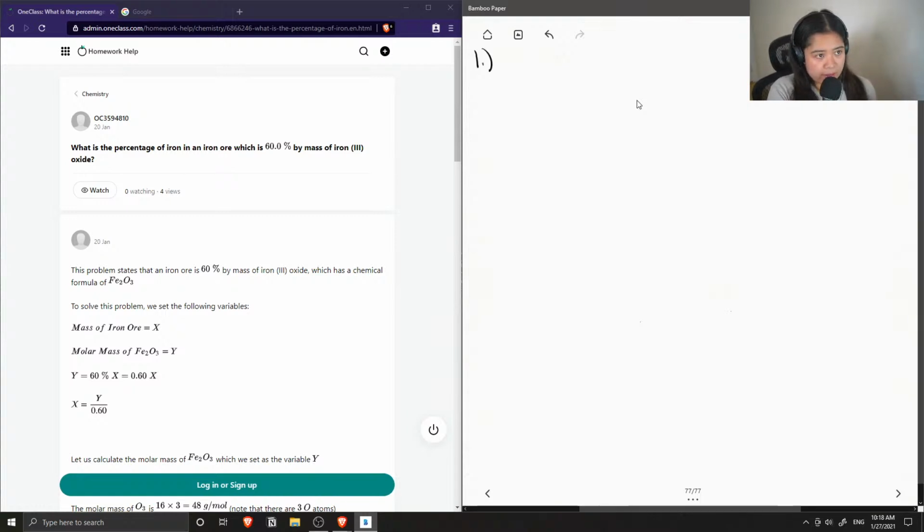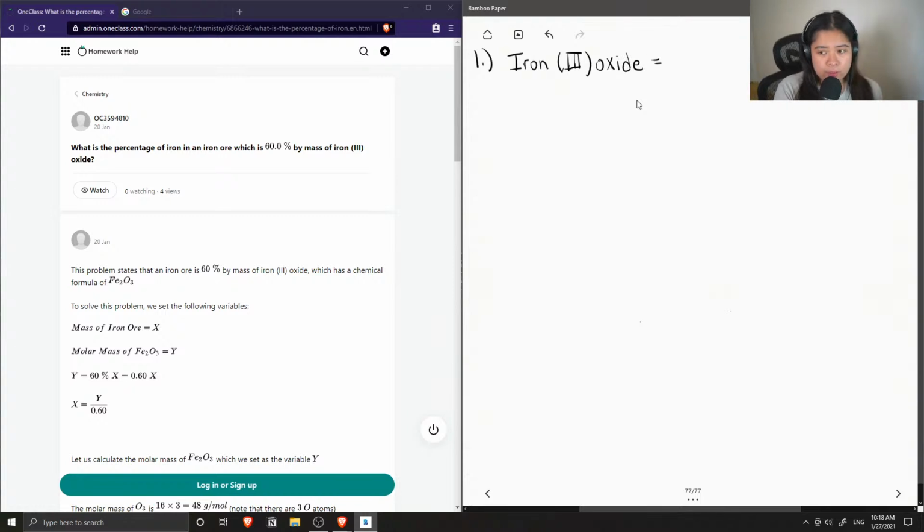So let's write down the formula for iron 3 oxide, just so that we can see how many iron atoms are in iron 3 oxide.